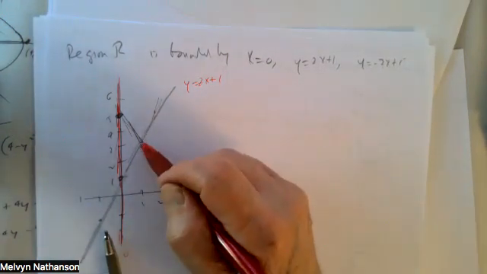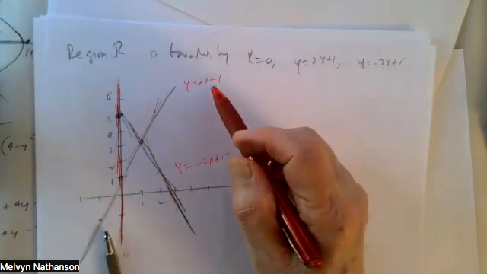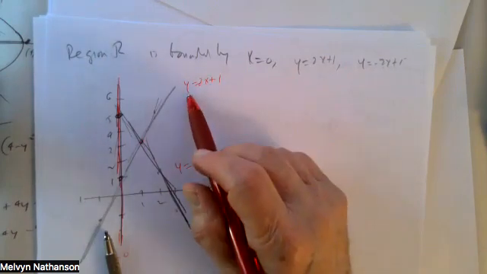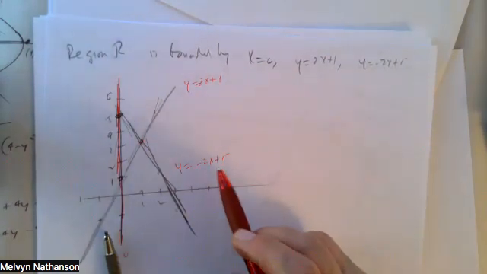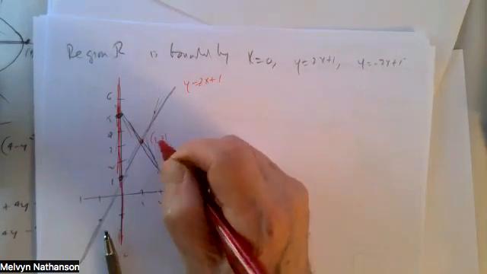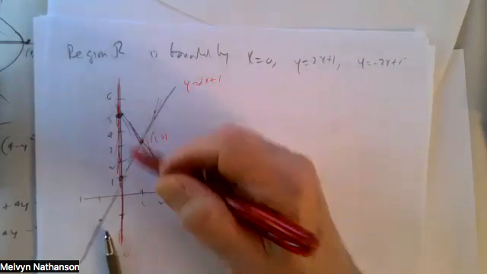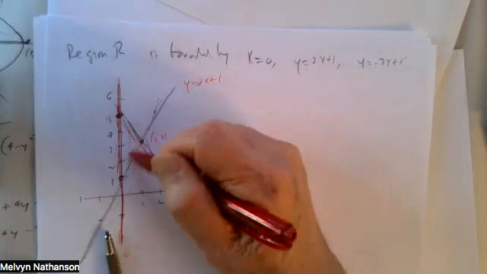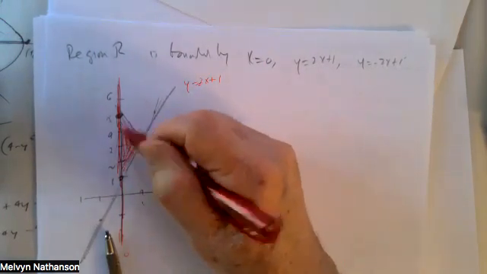Where do these lines intersect? When x is 1, y is 3. This is the point 1, 3. So the region bounded by these three straight lines is this triangle.